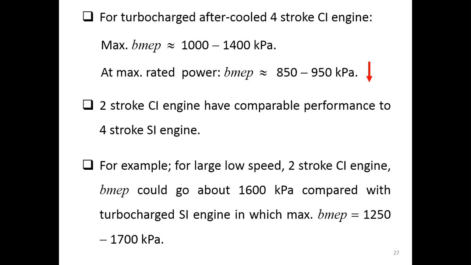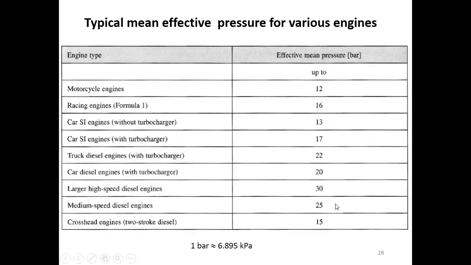For example, for a large low-speed 2-stroke CI engine, the BMEP could go about 1600 kPa, compared with the turbocharged SI engine, in which maximum BMEP is about 1250 to 1700 kPa. About the same within the range of the SI engine.